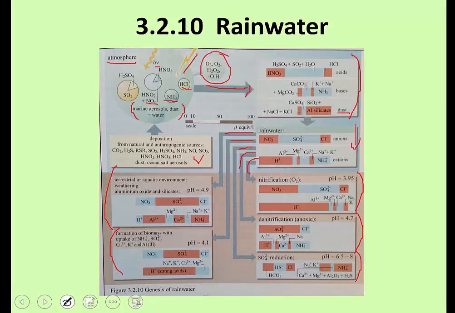We get a little more reduction down here. There's a whole dance that is going on in that rainwater. So take a closer look at that figure and the information in the book. That will all come into play in rainwater and then eventually into the lakes and streams and rivers that we look at.